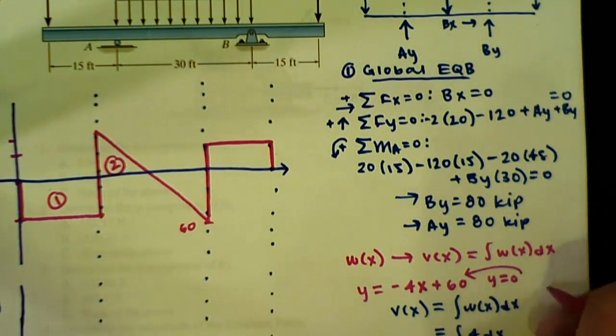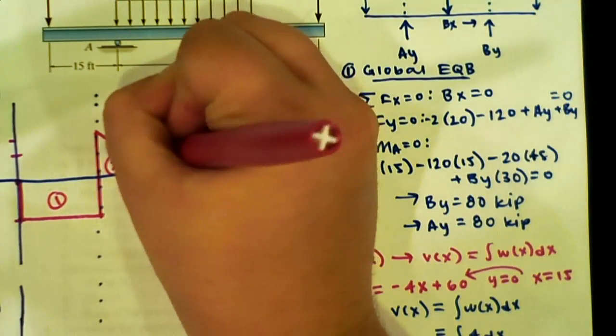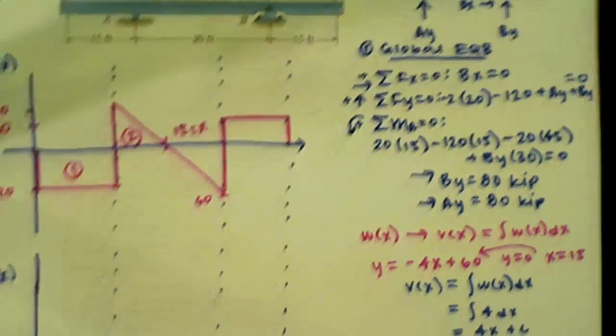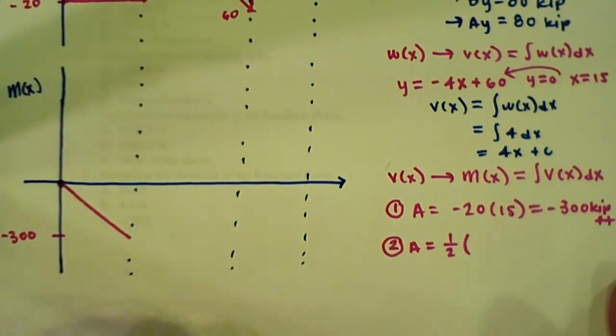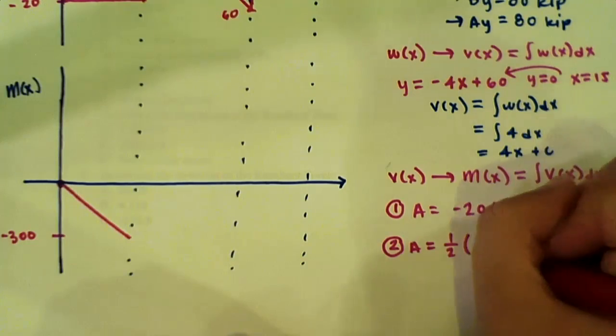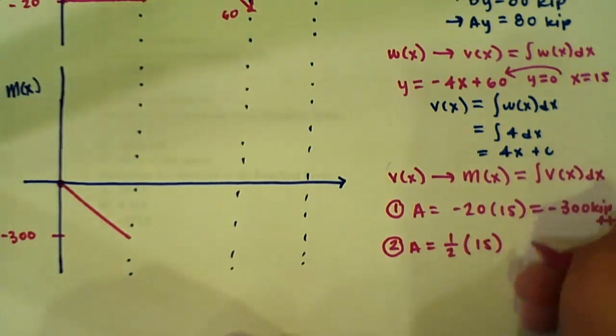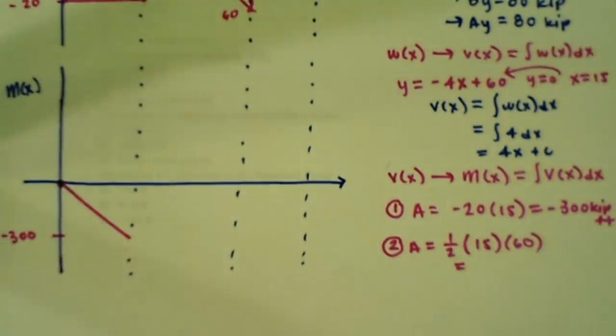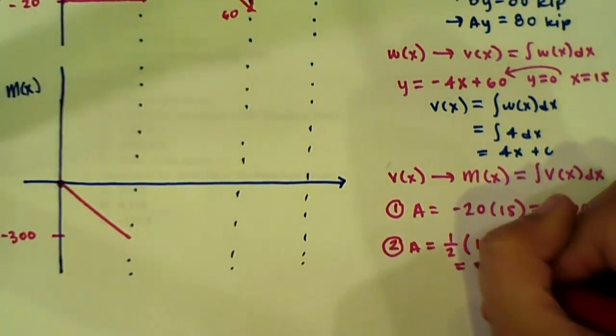So we find that x equals 15 whenever y equals 0. So 1/2 our base, which is 15, times our height, which is 60. We get that the area is equal to 450 kip feet.